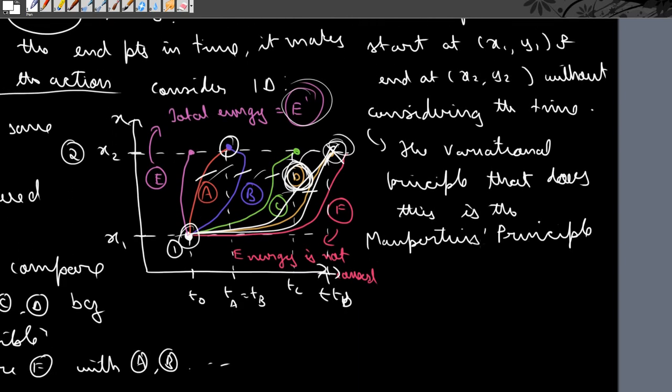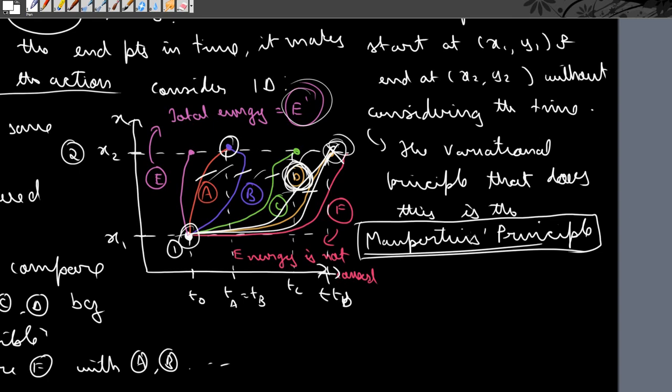So now we have established the circumstances under which Hamilton's principle will not give us the required result, but we have to look for some other type of variational principle which takes into account that we do not know what the endpoint times are, but instead we know just the total energy and the fact that the energy is conserved.